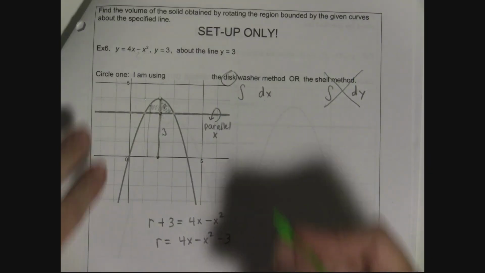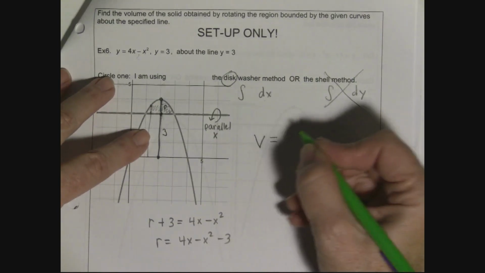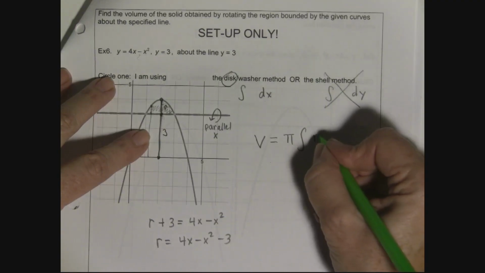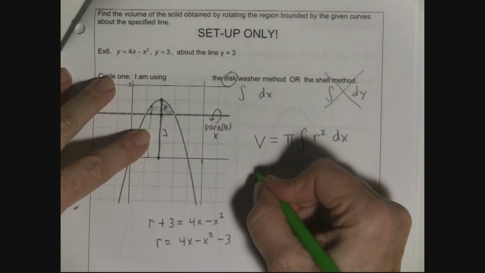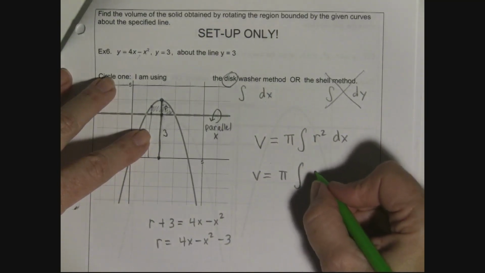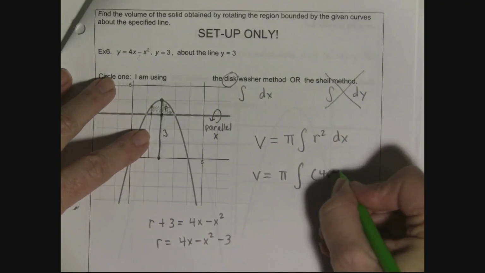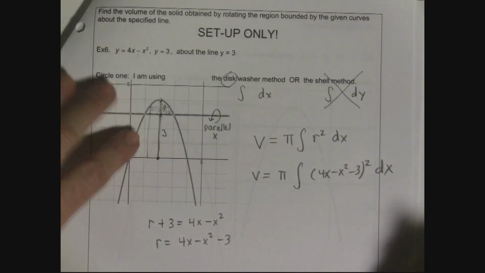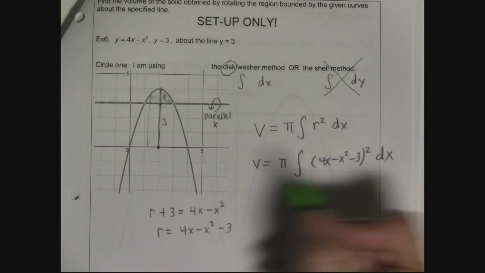And then my volume for my disk is pi, the integral, r squared dx. So pi times the integral of 4x minus x squared minus 3, squared, dx. And I'm going to go from the same bounds.